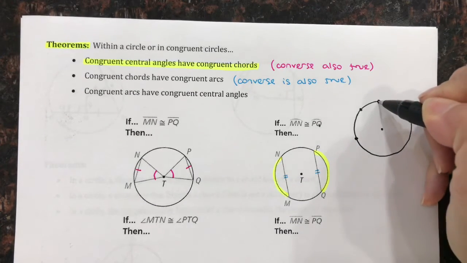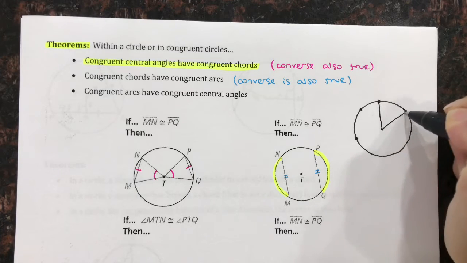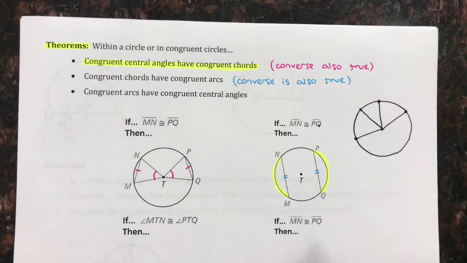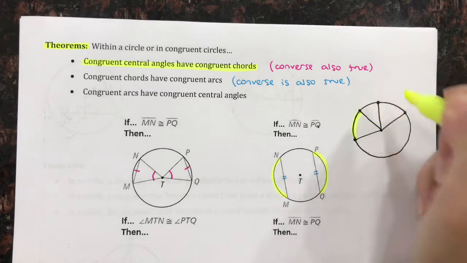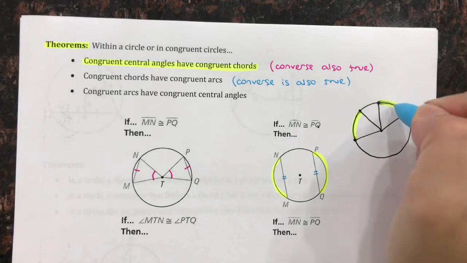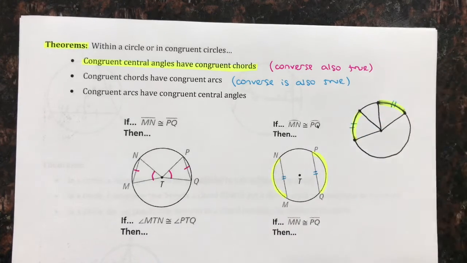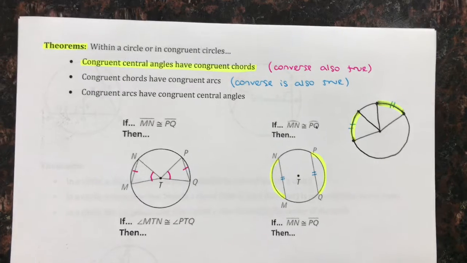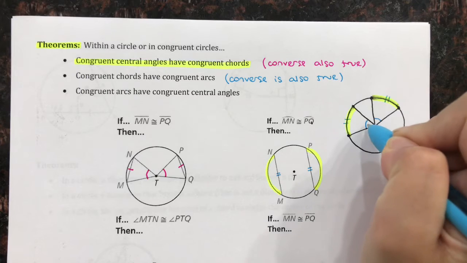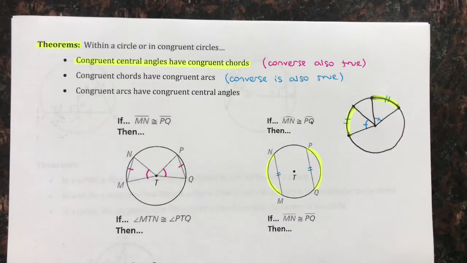So if I have a diagram that looks like this, and let's say these two arcs are congruent. I can even put a little dash marking on them. Okay, so if those arcs are congruent, then the central angles are congruent as well.